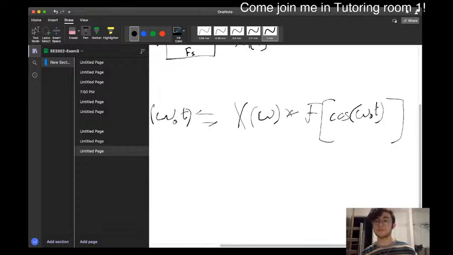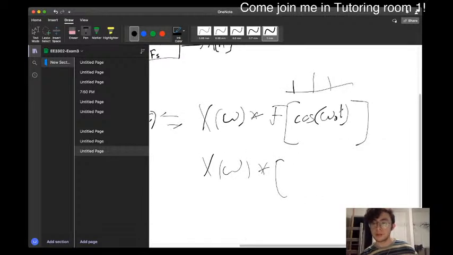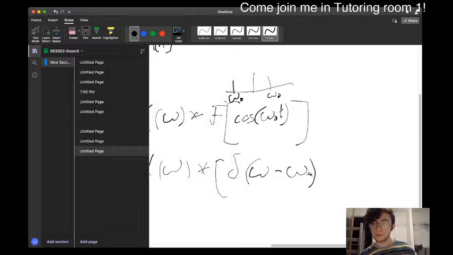So what was the Fourier transform of a cosine? It's going to be two delta functions. So let me just write that out. Convolved with two deltas, which are both centered at omega naught and negative omega naught. So delta omega minus omega 0 plus delta omega plus omega 0.